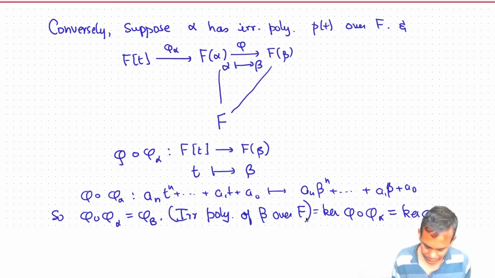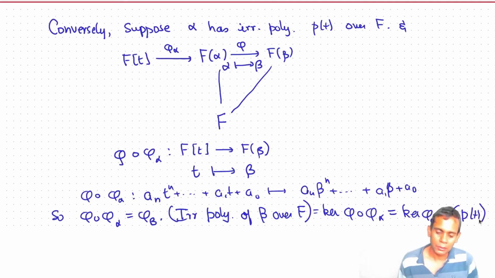So the ideal generated by the irreducible polynomial of beta over F is this, but this is the ideal generated by p(t), and so p(t) must be the irreducible polynomial of beta over F.